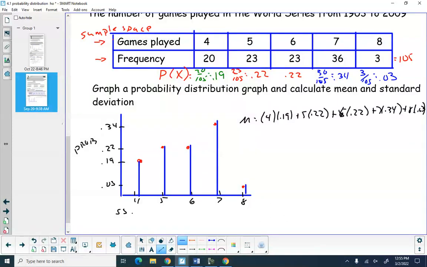We take each outcome and multiply it by its probability, and you come down to 5.8.